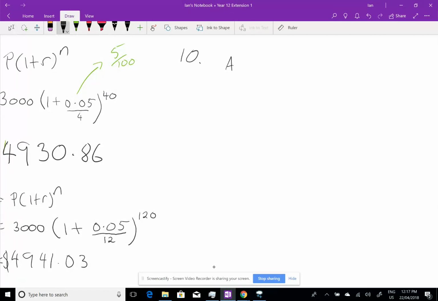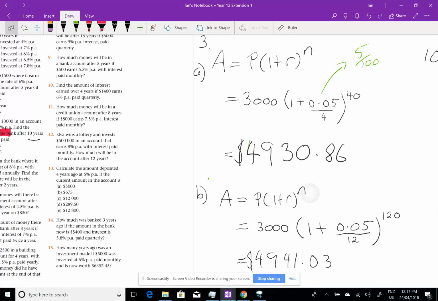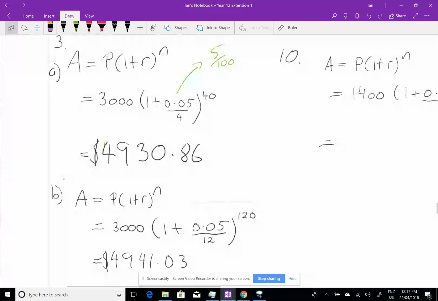So the amount is the principal, 1 plus R to the n. I think it was 1,400. I think it was 6%. It was quarterly, and it was for 4 years. Let's double check all those things. 1,400, 6% quarterly, 4 years.